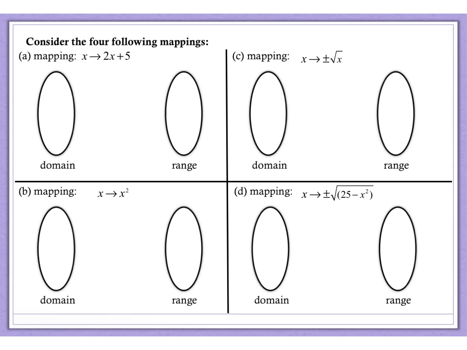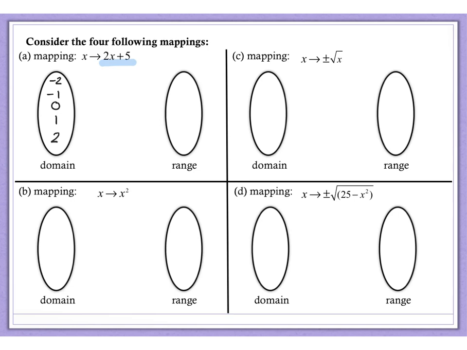We're now going to investigate 4 different mappings. Example A, the mapping takes us from x to 2x plus 5, which means the rule is multiplied by 2 and then add 5. I'm going to choose the numbers that are in my domain: -2, -1, 0, 1, and 2. And we're going to map those using the rule x is mapped onto 2x plus 5.